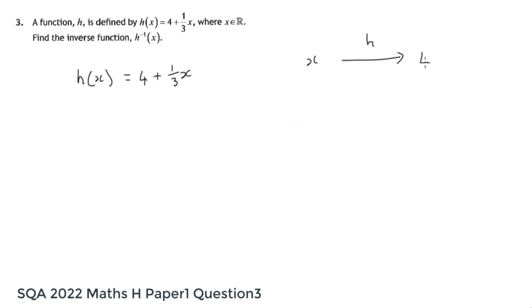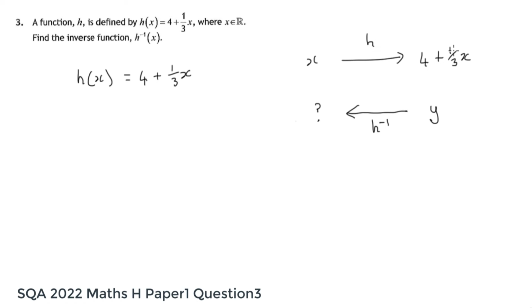Out comes 4 plus a third x. Now, the inverse process takes this in reverse. It's called h to the minus 1, the inverse process. If we put y in, what do we do to y to get x again?